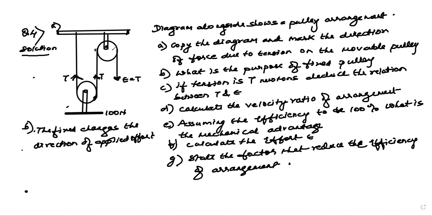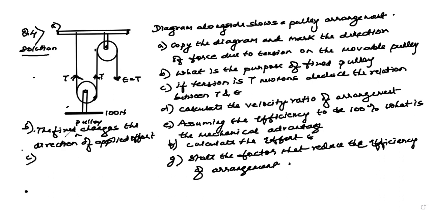If this fixed pulley would not have been there, you would have to apply an effort in an upward direction. Whereas applying effort in a downward direction is more convenient. Hence, the fixed pulley changes the direction of the applied effort.